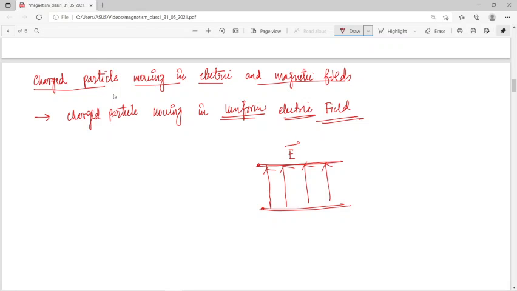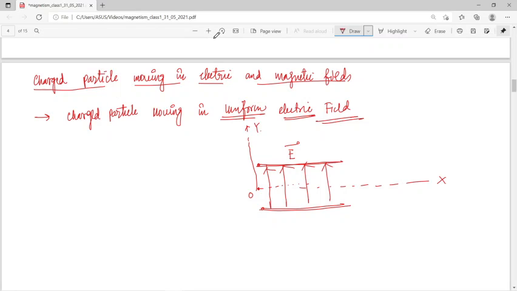And if we take a middle point O, that is the x axis, and that is the y axis.